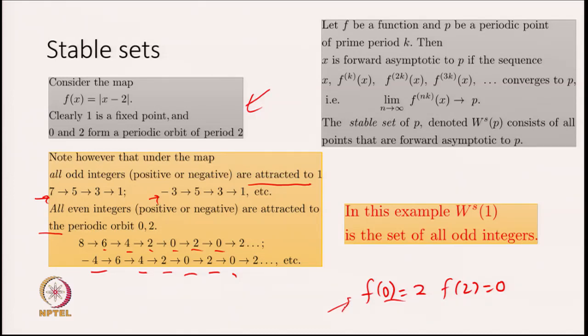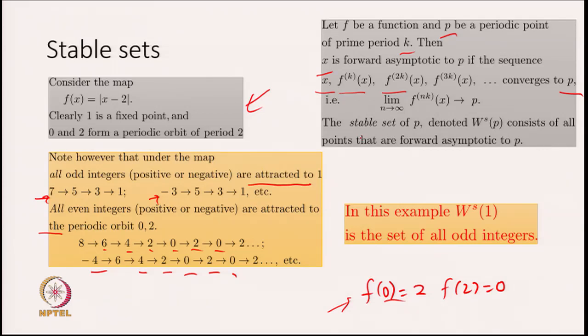So, to be mathematically a little more formal, if f is a function and p is a periodic point of prime period k, so 1 has got period 1 and 0 and 2 have got prime period 2, then the point x is said to be forward asymptotic to p if this sequence x, f^k of x, f^2k of x, etc. converges to p, namely the limit of f^(nk) of x goes to p as n goes to infinity.